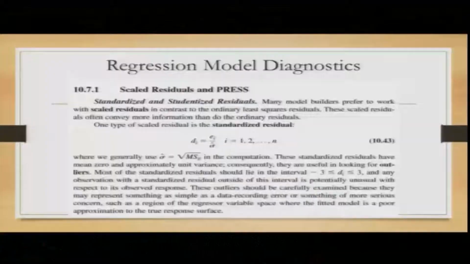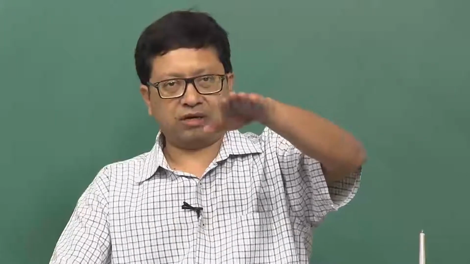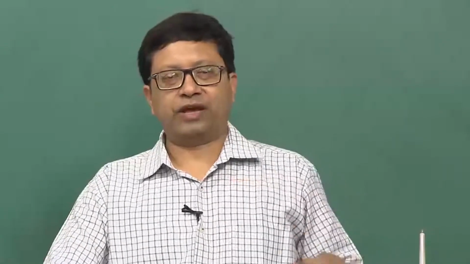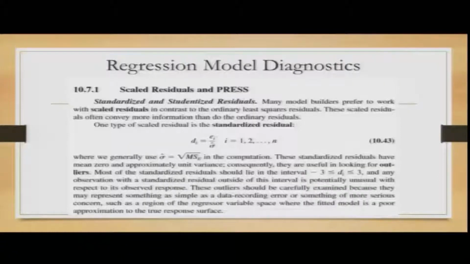Now, we will consider standardized and studentized residuals. Many model builders prefer to work with scaled residuals. So, they are scaled or normalized to a value, like you would give marks for a course on an absolute scale or a relative scale. These scaled residuals often convey more information than do the ordinary residuals.